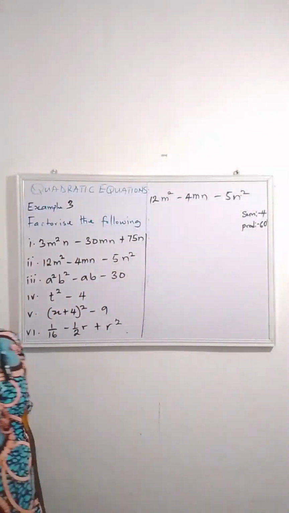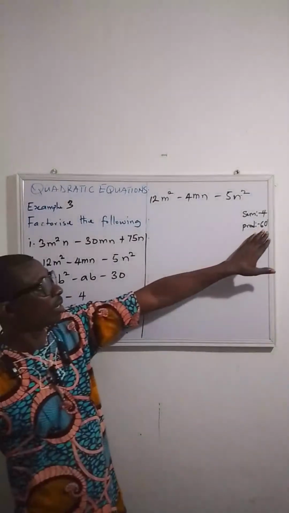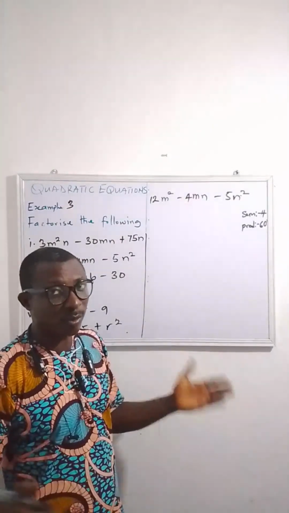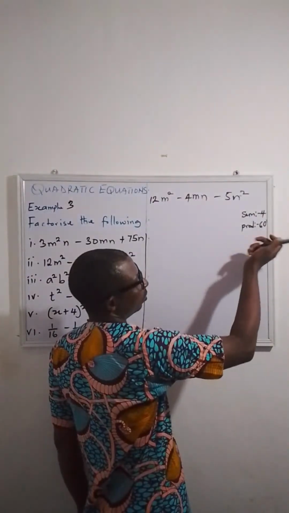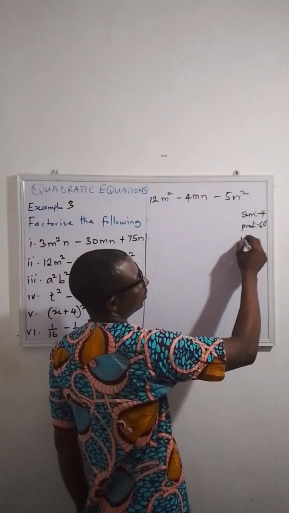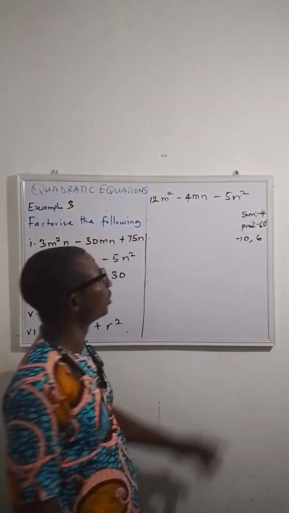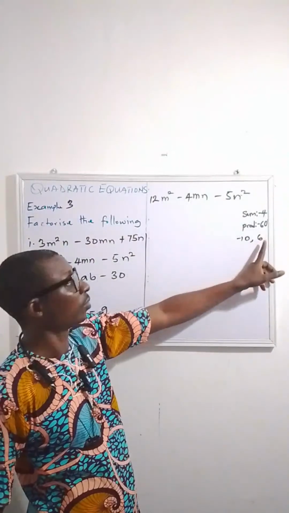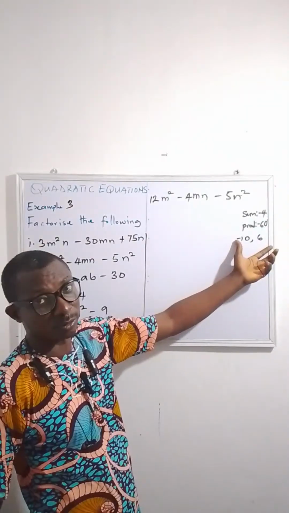Okay, so from here, you now begin to think of two numbers such that when you multiply together, you have this, and when you add together, you have that. I told you those numbers must be factors of the product. So why don't you think of -10 and 6? When you multiply this and this together, I think you have -60, right? When you add together, do you have this? Okay, good. So that means this is what you're going to use.